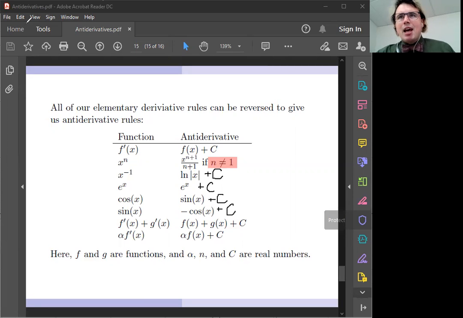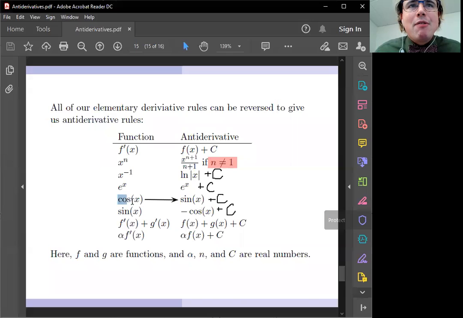The derivative of the sine function is cosine. So the antiderivative of cosine is minus the sine. Excuse me, I'm looking at the wrong row here. The antiderivative of the cosine function is the sine function.